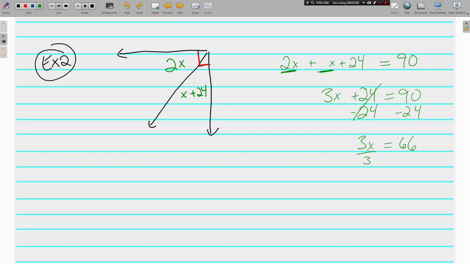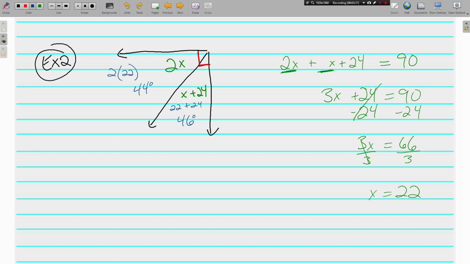And when I divide by 3, I get x is equal to 22. Well, let's go back and figure out how much each of the angles is. If I substitute the 22 in for x, this one is 44 degrees. And if I substitute here, 22 plus 24, I get 46 degrees.